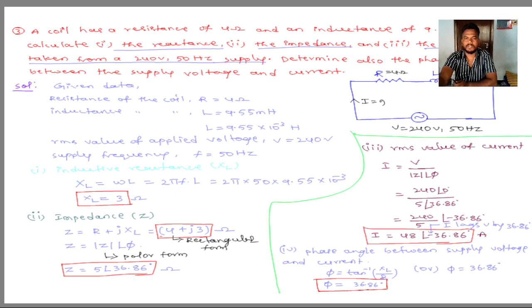Is it visible? This last value, phase angle between supply voltage and current. Phi is equal to tan inverse of XL by R, or we already calculated the phase angle, that is 36.86, or you can substitute the values of XL and R, then we are getting the same value. Is this clear? Yeah, thank you.